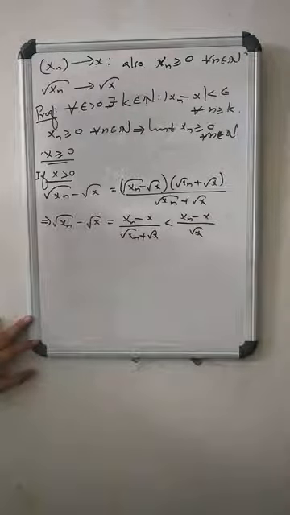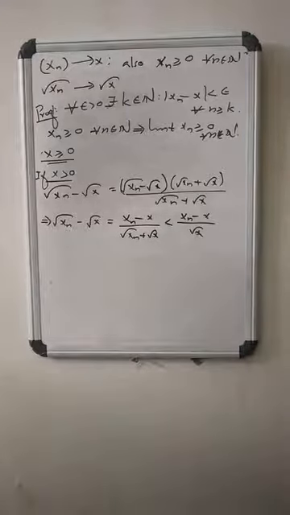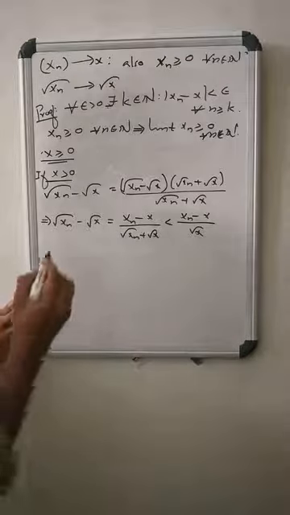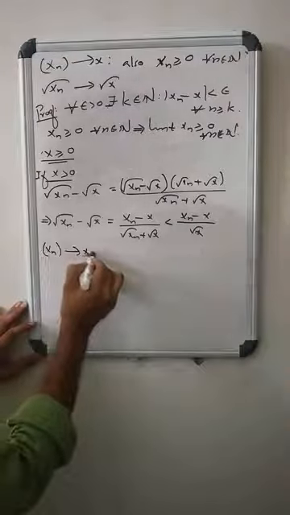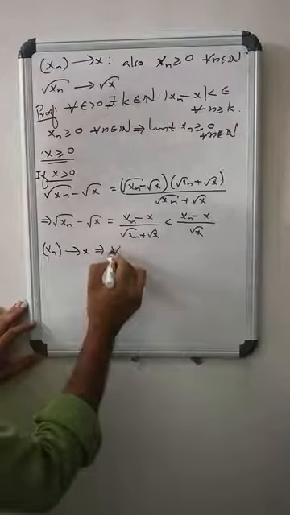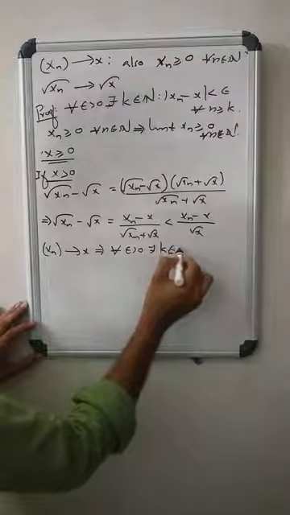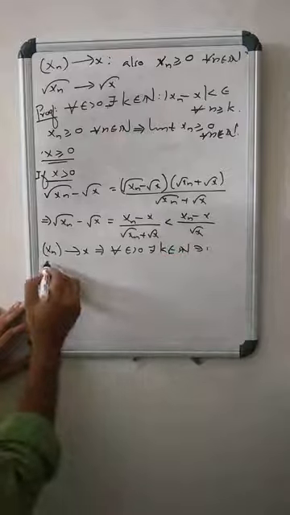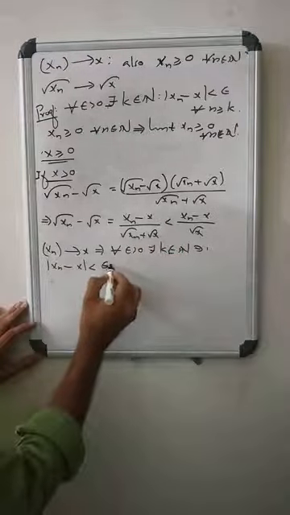Agree? But xn converges to x, given, means for all epsilon positive there exists k in N such that |xn - x| < epsilon times root x.